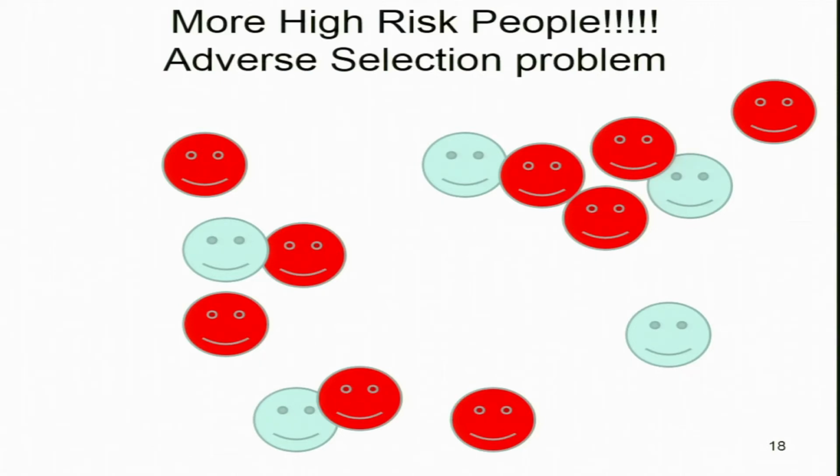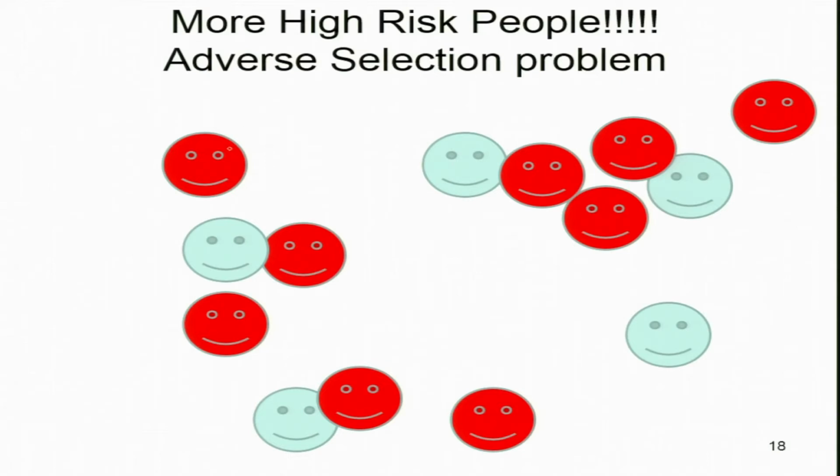Suppose the risk pool is over-represented by the high risk population. We saw that in this population 1% is high risk and the remaining 99% is low risk. But due to the information asymmetry, since buying an insurance policy is a voluntary decision of prospective customers, those who feel they need more healthcare or are going to fall sick and need hospitalization are going to join more.